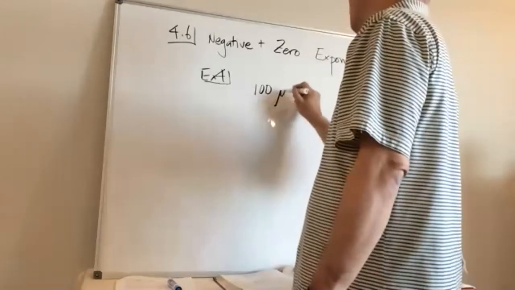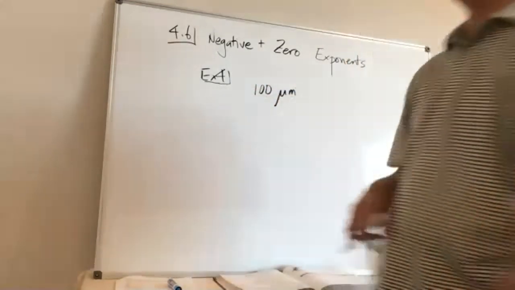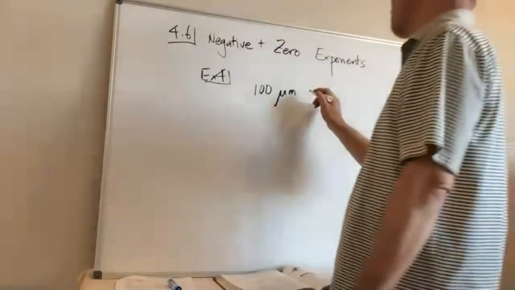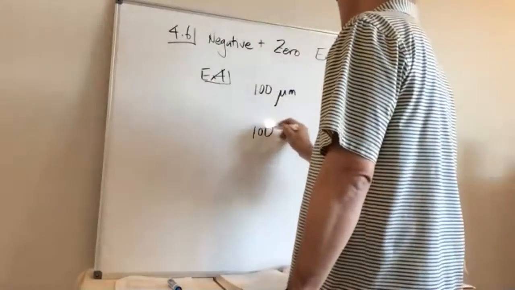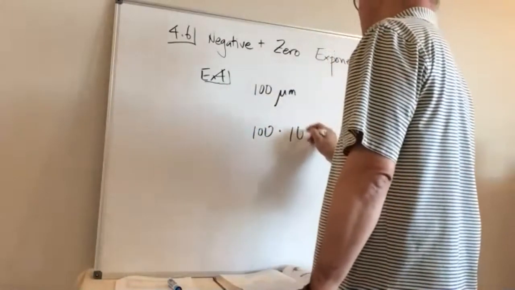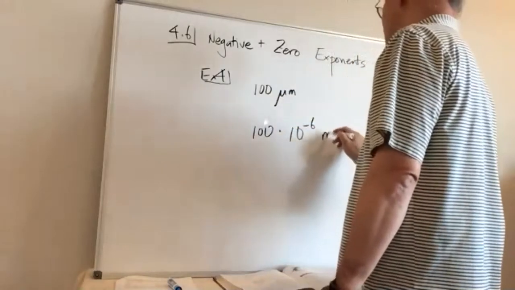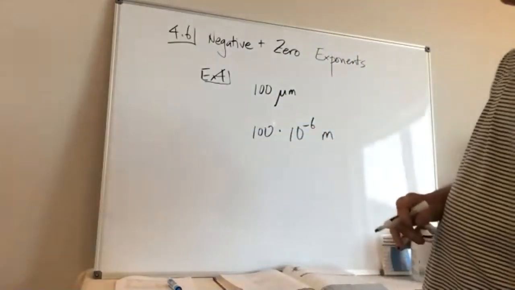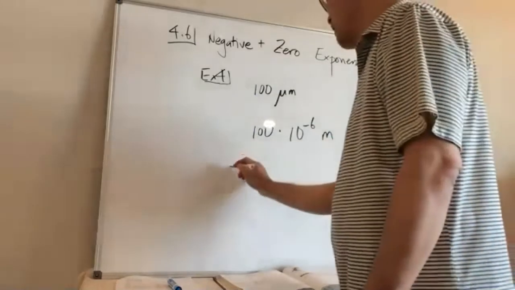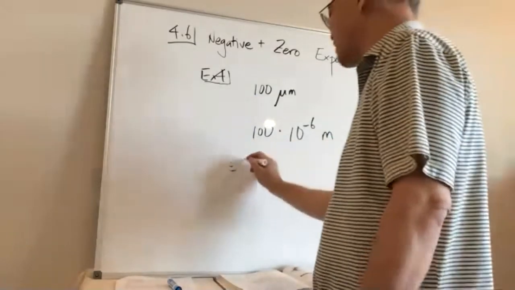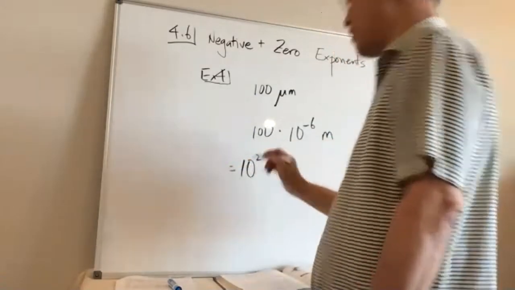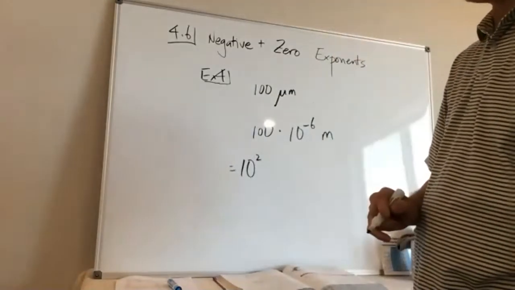So they are 100 micrometers, where a micrometer is 10 to the negative 6 meters, right? So this is what we're looking at. 100 is 10 to the second, right? Because 10 times 10 is 100.